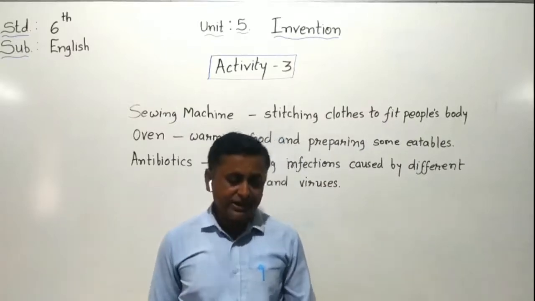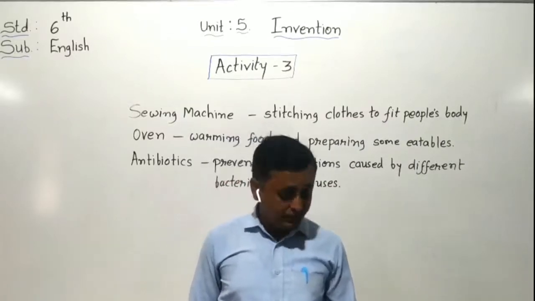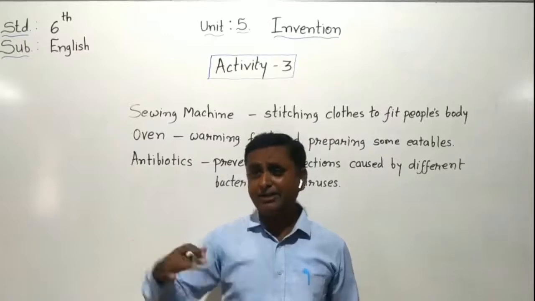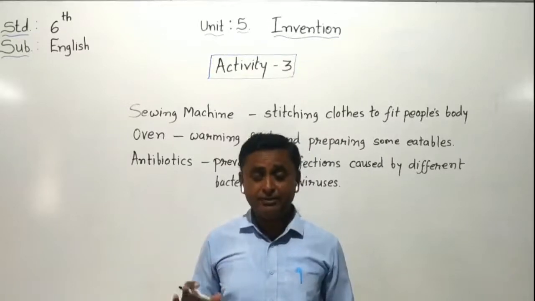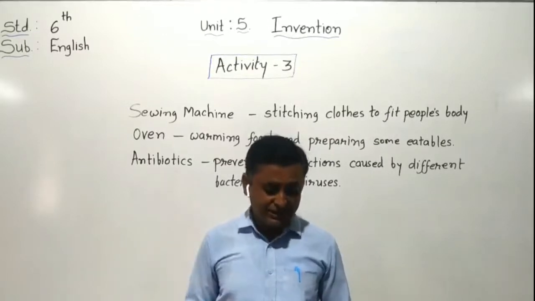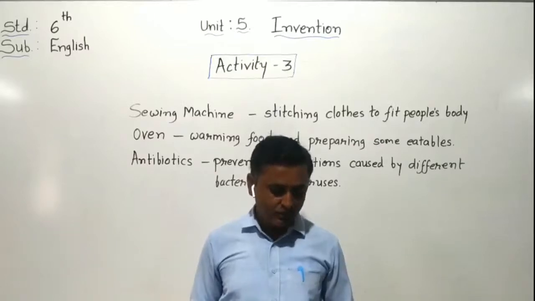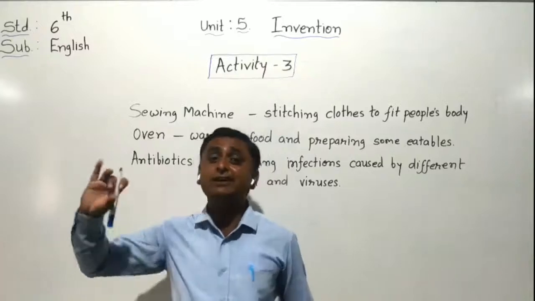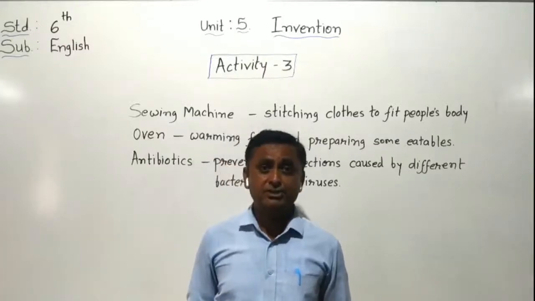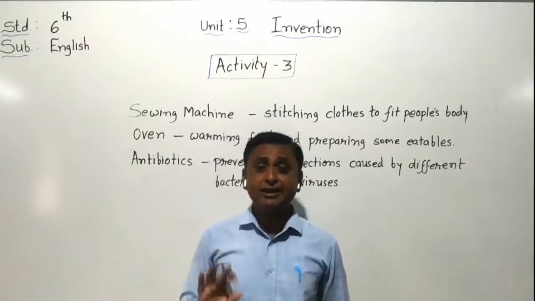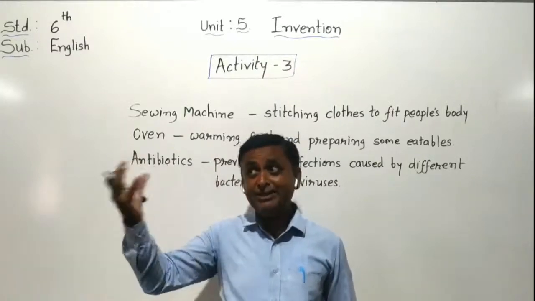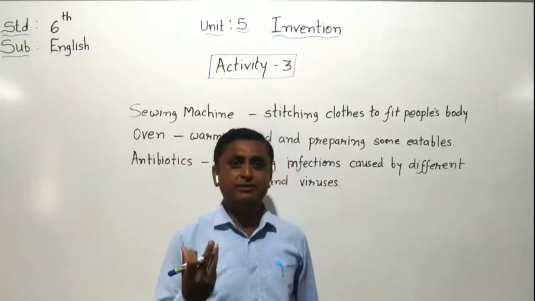Individually, think of 3 real problems that you know about that might be solved with a new invention. Everybody has to decide, everybody has to think, and list 3 real problems that might be solved with a new invention. You have to write here 3 new problems which could be solved by an invention. Just imagine 3 real problems.